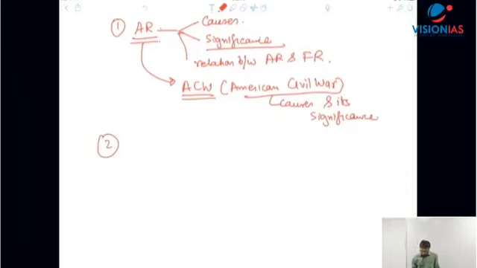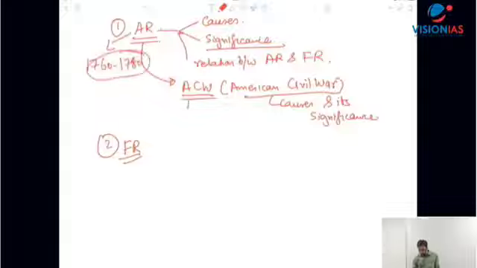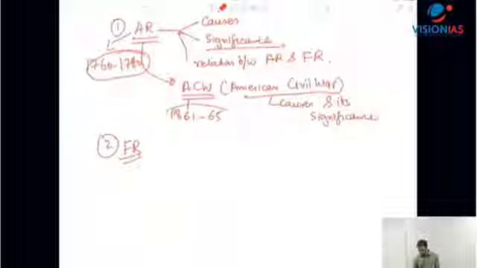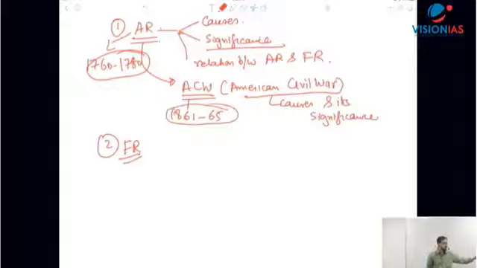The American Revolution, we'll see, is happening from the 1760s to the 1780s. And then the American Civil War is happening from 1861 to 1865, almost 100 years later. So that's something that we'll start with talking about.